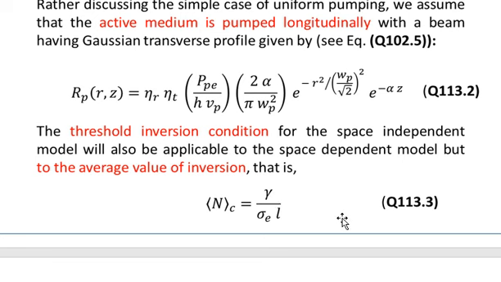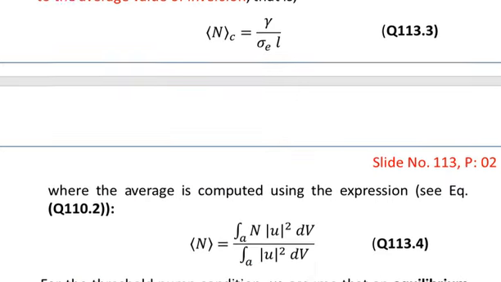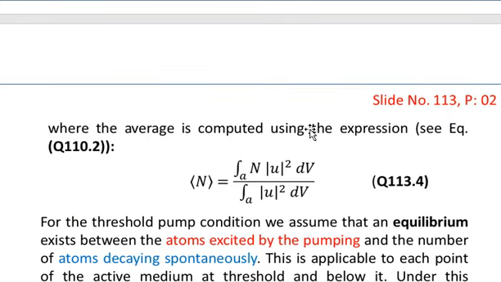So γ is in principle the logarithmic representation of the losses in terms of natural log of the cavity, where the average is computed using the expression.